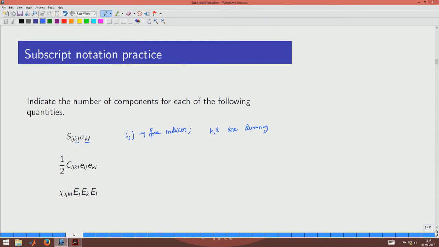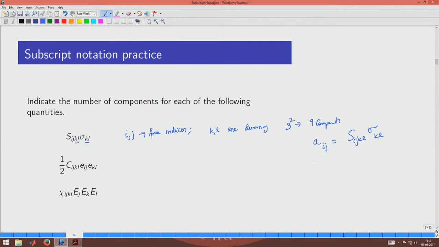So which means that this is a quantity which is like a second order tensor, and it would have 9 components because there are 2 free indices. So you could also write this quantity like this: A_ij, where i and j are free indices, I keep them, and S_ijkl sigma_kl.